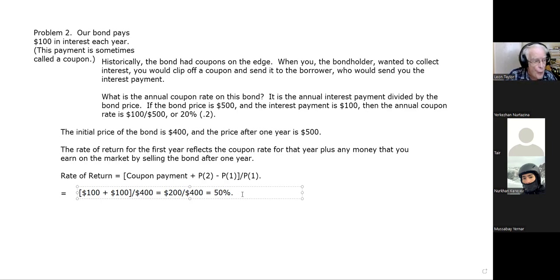Okay, good. Another way that we can express the rate of return is very intuitive.